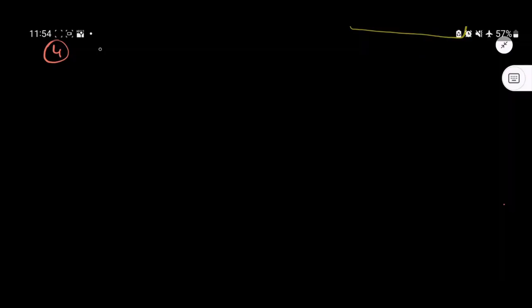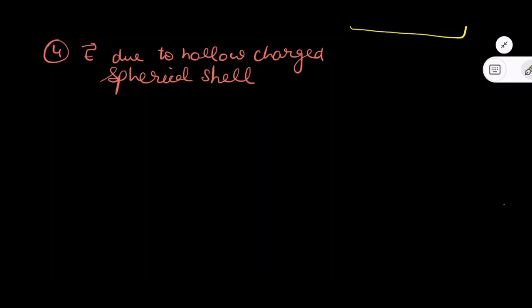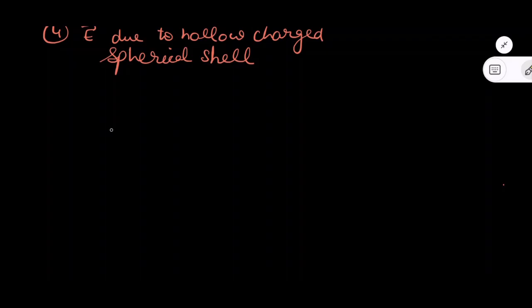Similarly, we can apply Gauss law to find the electric field due to a hollow charged spherical shell. Okay, so this is our last application. Now suppose I have a hollow sphere.